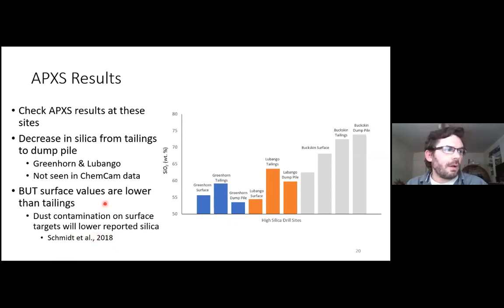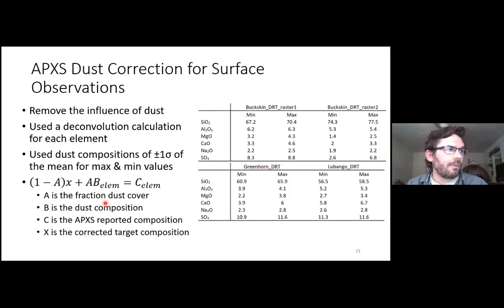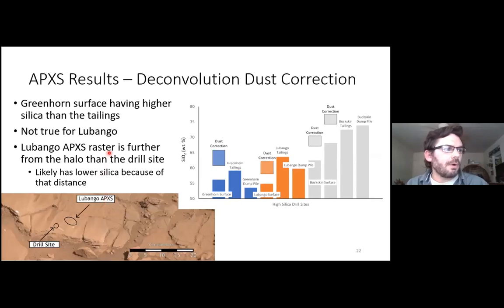And so we attempted a very rough correction using a deconvolution calculation. Just in the interest of time, I'm going to skip over this one real quick. And so using a dust corrected calculation, we see at Greenhorn a higher silica value on the surface in the tailings, but not so at Lubango.